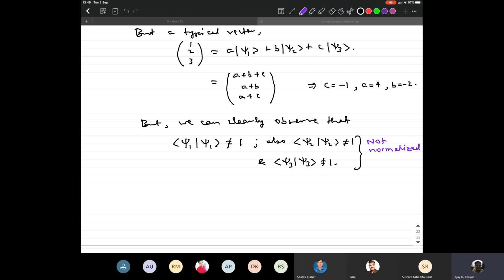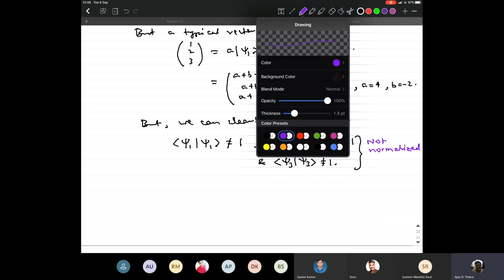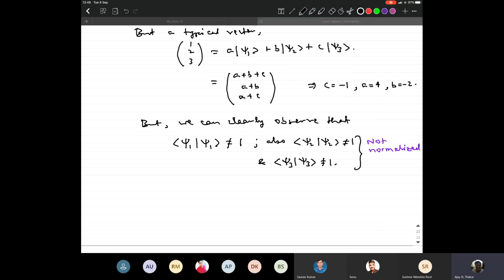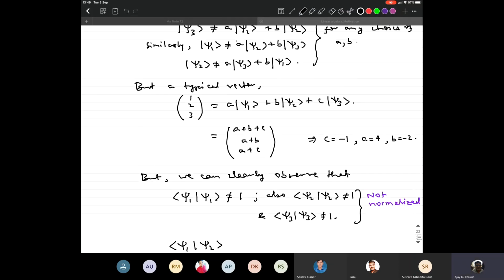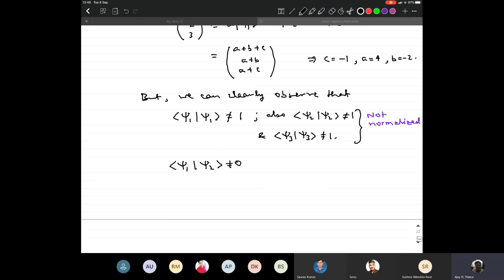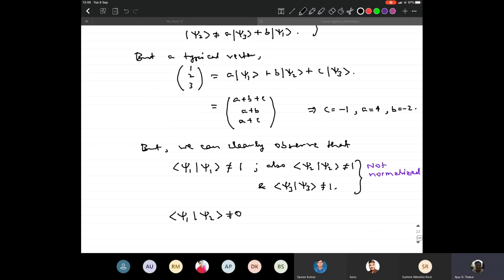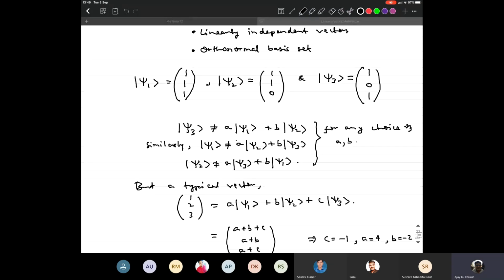Okay, and also one can see that they are not orthogonal, they are not forming an orthogonal basis. For example, psi1 with psi2 is not equal to 0. You can make out psi1 with psi2 is going to be 2, psi2 with psi3 is going to be 1, and psi3 with psi1 is going to be 2.